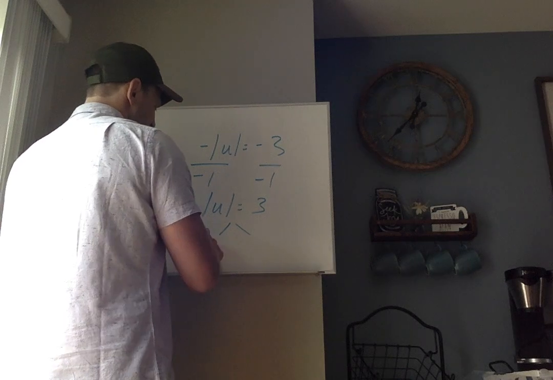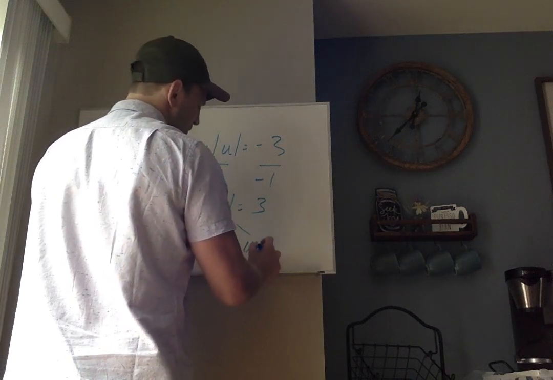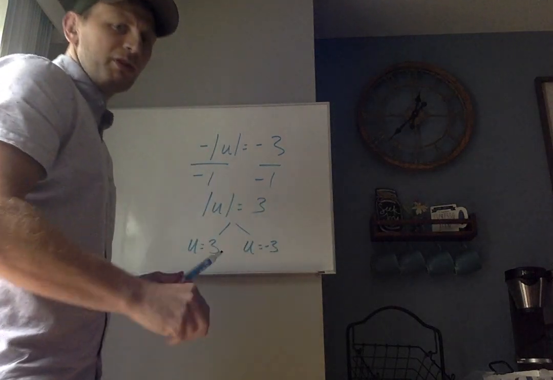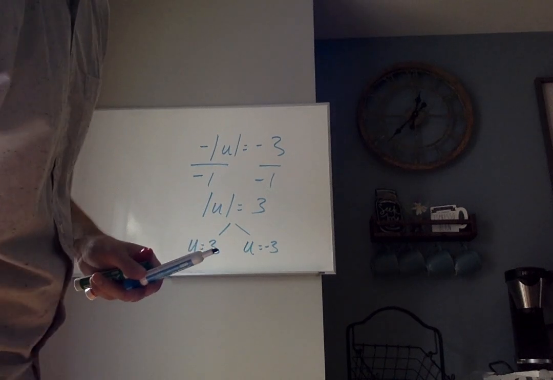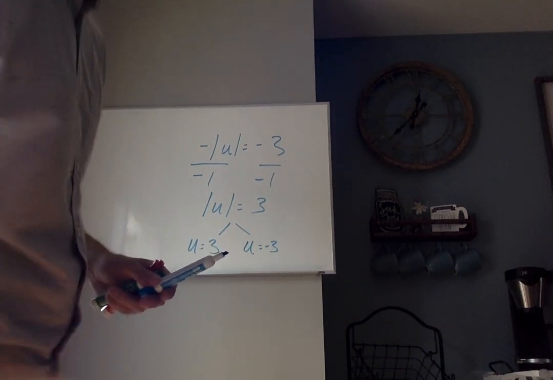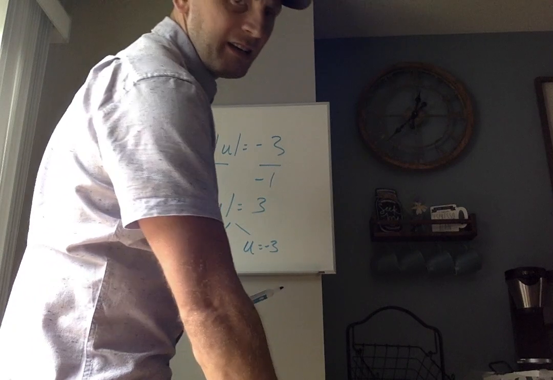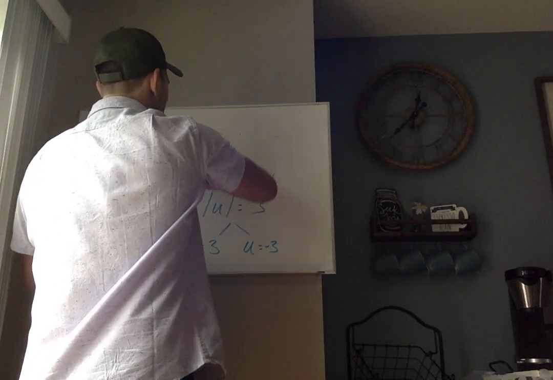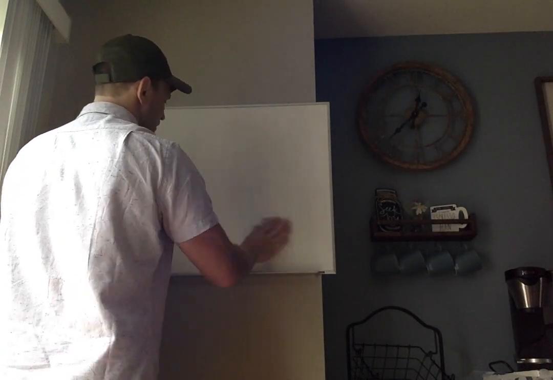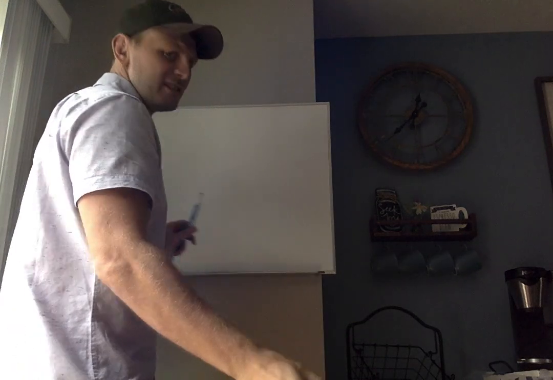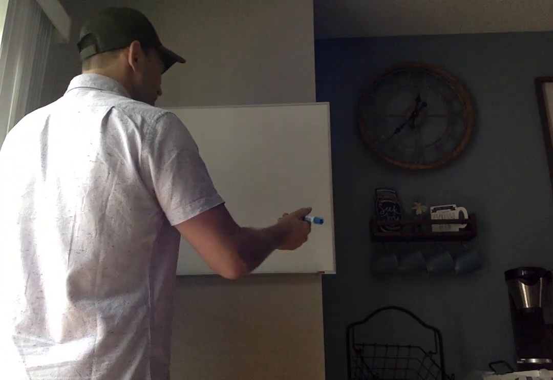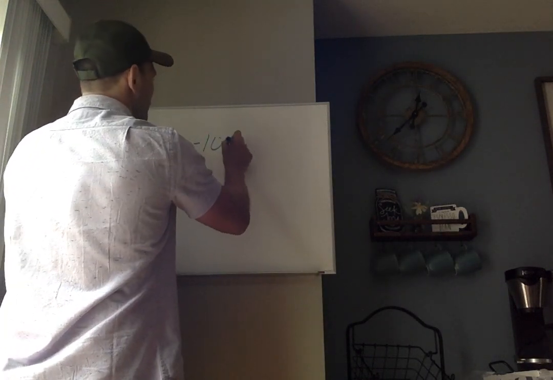So now I have u equals 3, and u equals negative 3. The whole point of this problem is to get the absolute value alone. Here's an even better example of that. Whether I have to add, subtract, multiply, or divide, I have to get this piece alone first.